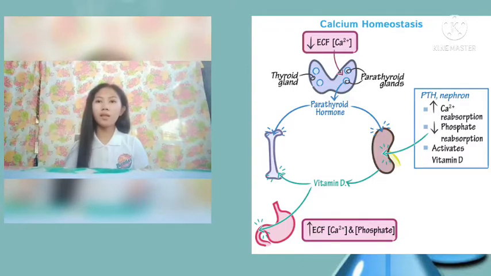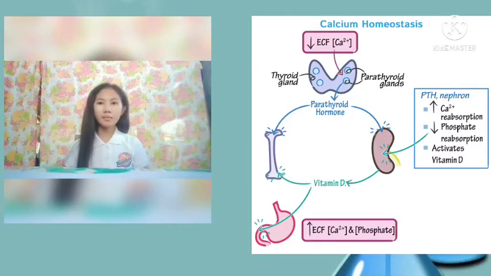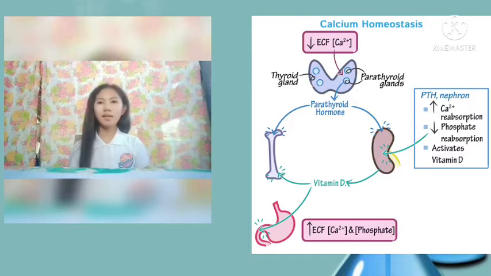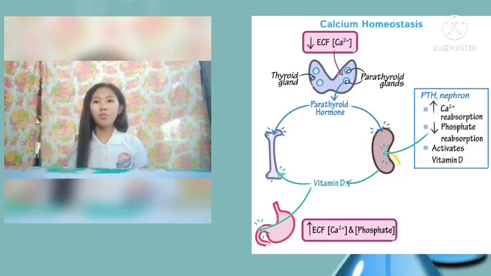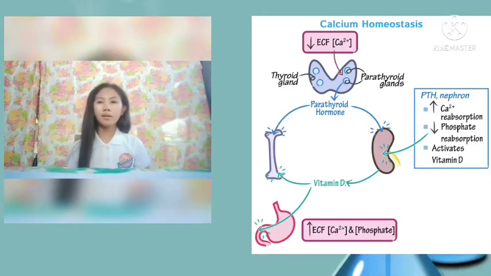Ang resorption ng ating mga buto ng mga osteoclast ay naglalabas ng calcium sa daluyan ng ating dugo, na tumutulong sa pag-regulate ng calcium homeostasis sa ating katawan. Ayun po, lahat ng aking nabanggit ay mga impormasyon tungkol sa calcium homeostasis.